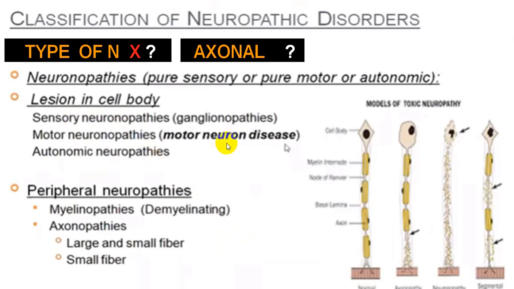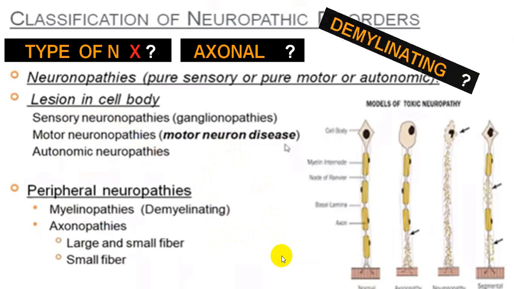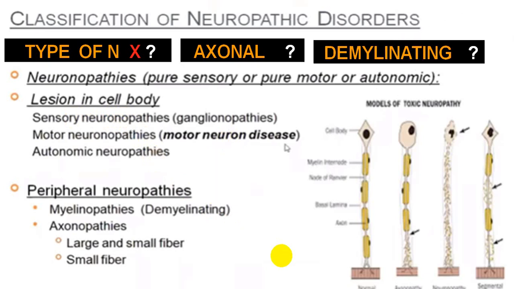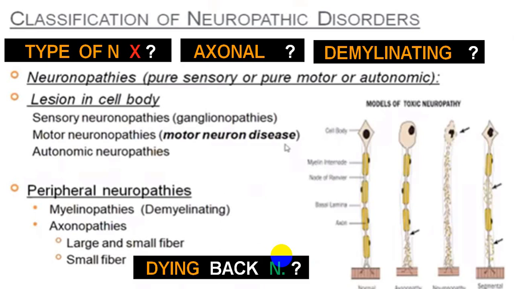If the motor neuron is involved, again the chances of recovery become less. If the autonomic nervous system is involved, the chances of recovery are again less because they are unmyelinated fibers. So whenever small fibers are involved, usually the term utilized is dying back neuropathy. So the chances of recovery are very, very minimal.